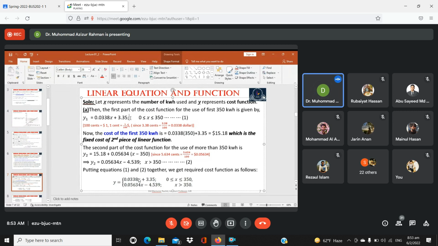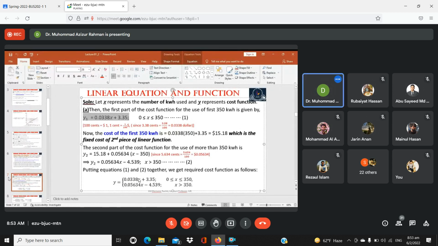This is valid for the condition that X is less than or equal to 350. Then this will be our cost function. Clear? Yes, sir.